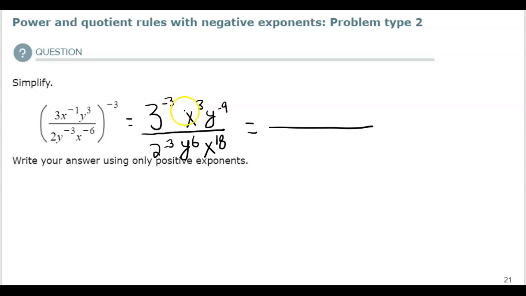So my constants are a little harder to deal with here. We're going to deal with those in a second. Let's just deal with our x's. And x to 3 minus 18, y to the negative 9 minus 6.